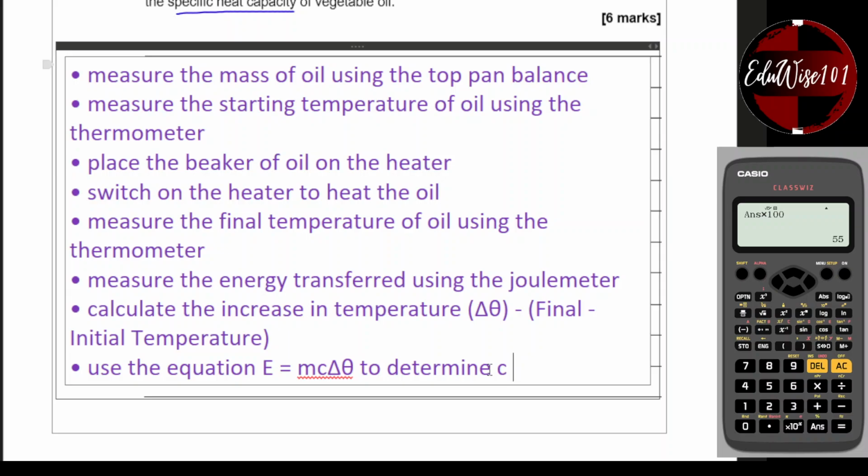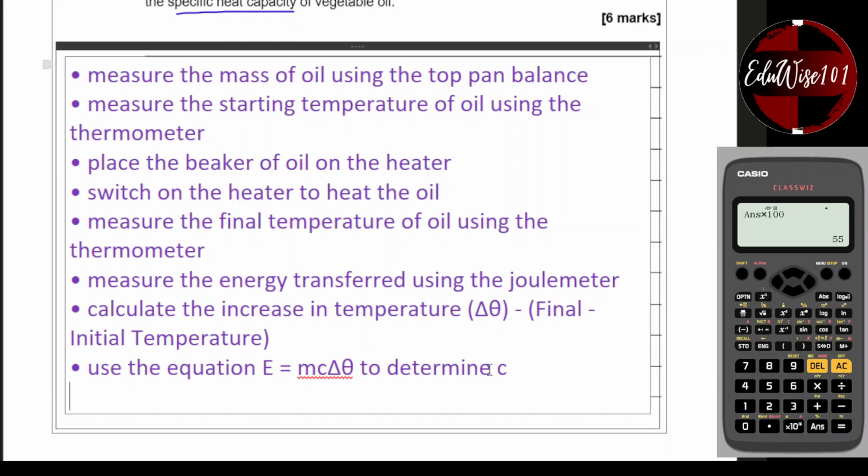I can add one more bullet point to say specific heat capacity, it's not capital C, it's lowercase c, equals the energy divided by the mass multiplied by the temperature change. Now for the 6 marks, even if you write just the first couple of bullet points, what you would use these pieces of equipment for, you should get at least 3 of the marks.